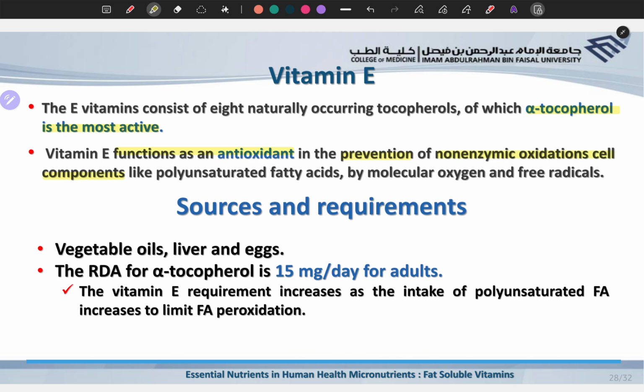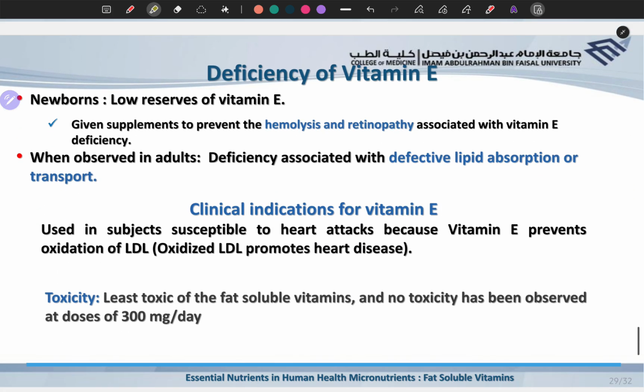Deficiency occurs in newborns because they have a low reserve, and newborn babies are given supplements to prevent hemolysis and retinopathy. The retinopathy is associated with vitamin E deficiency. It is involved in defective lipid peroxidation because it acts as an antioxidant. So deficiency is associated with defects in lipid absorption and transport.